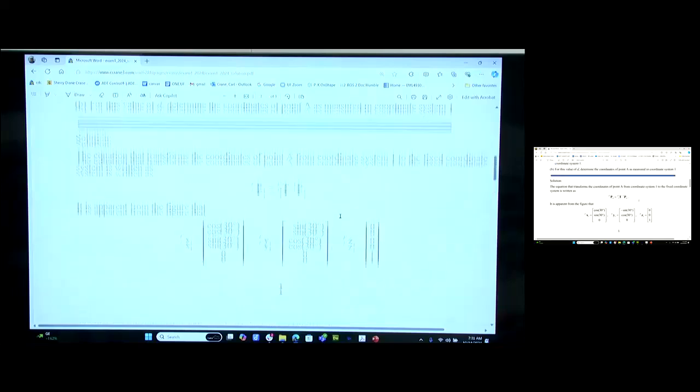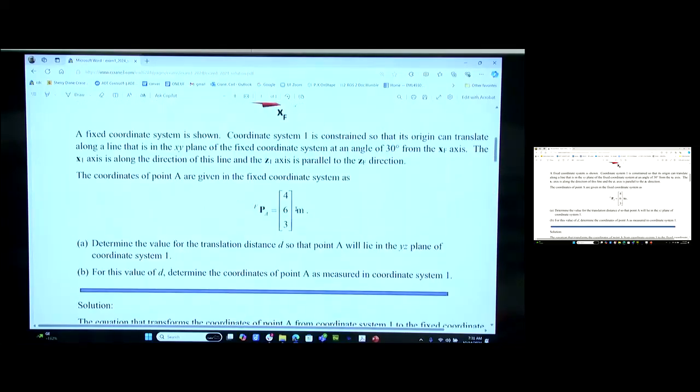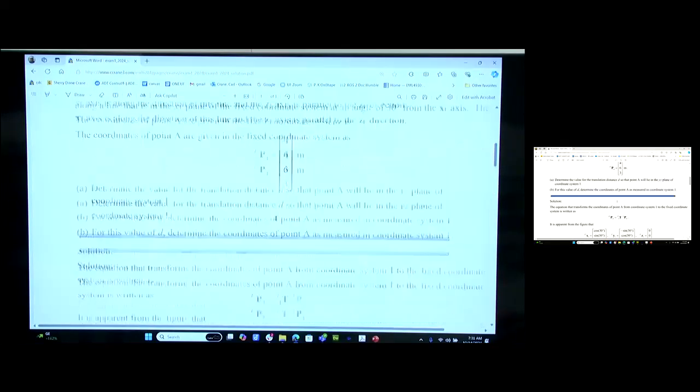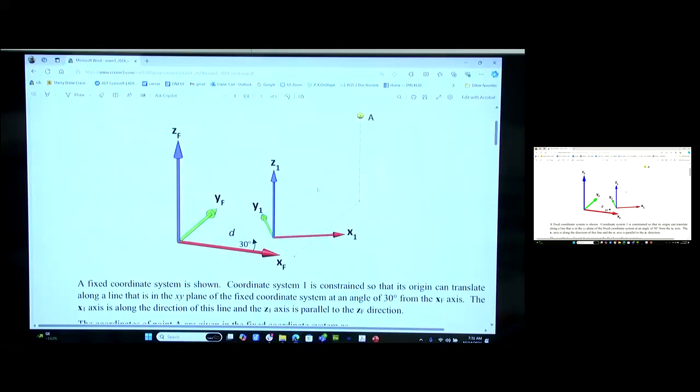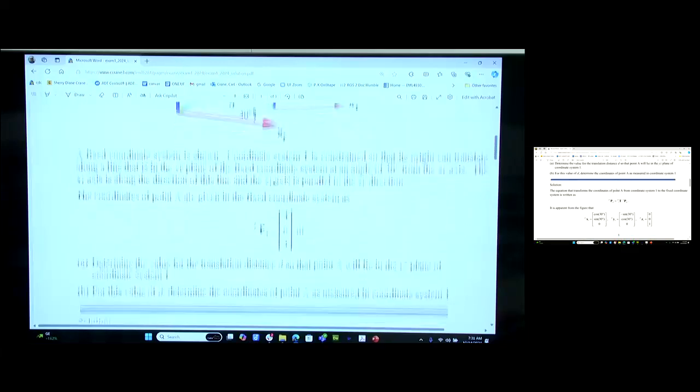And then all I did is I said, well, I know point A in the fixed frame is given, and I was told that in the first coordinate system, point A was in the yz plane. So I know its coordinates are 0, something, something. The z is going to be 3.